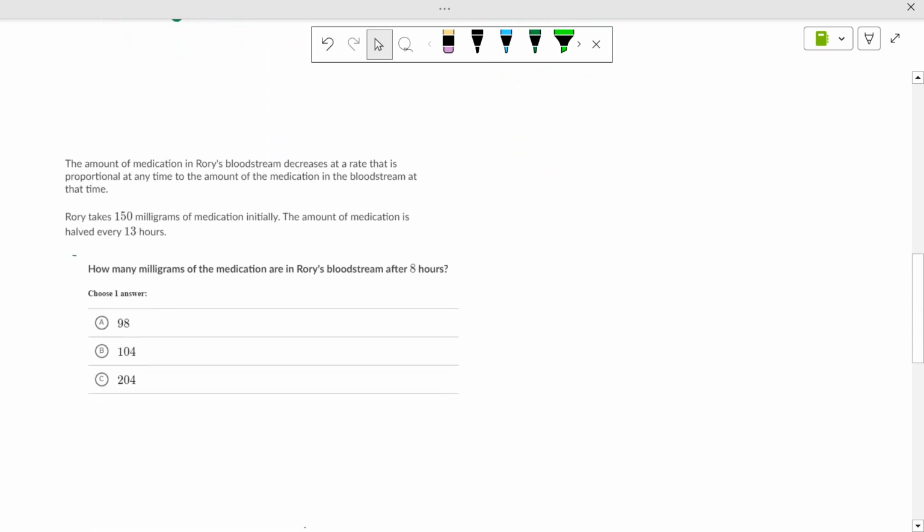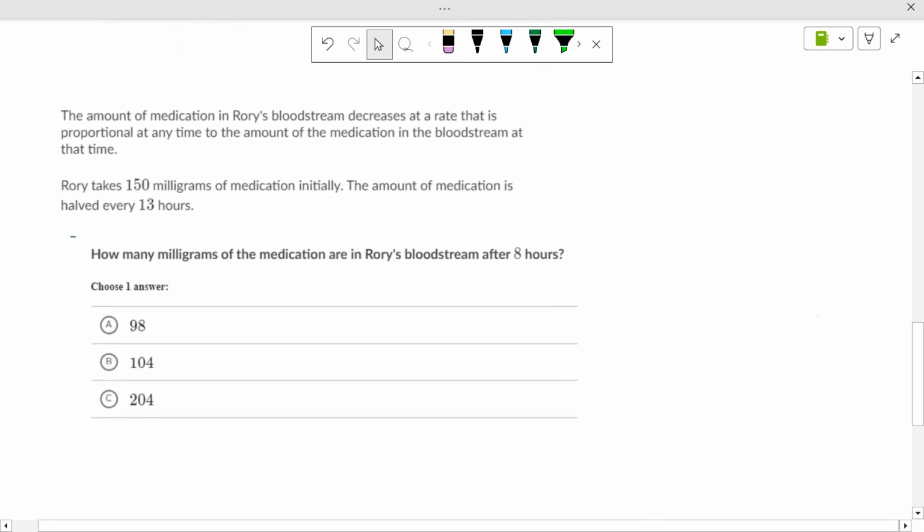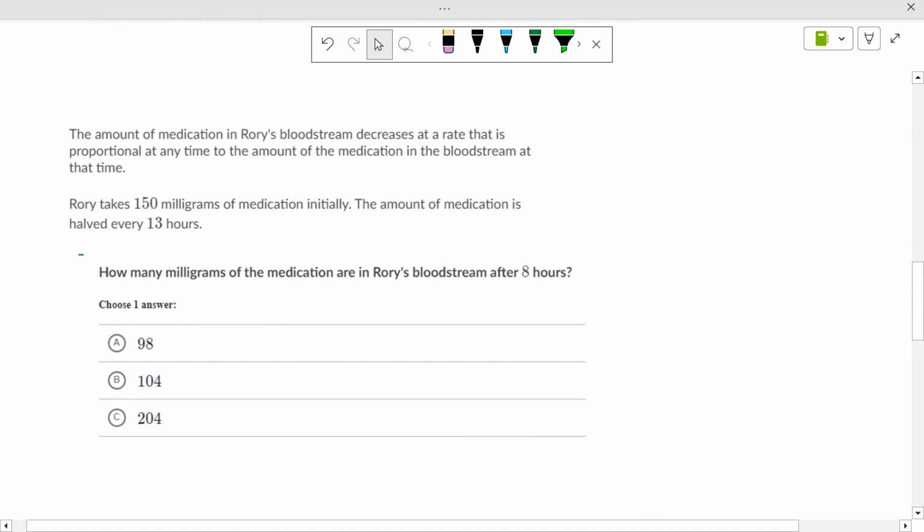So we're going to look at differential equations for word problems today. And most of the time, they'll work out to be exponential equations. So the amount of medication in Rory's bloodstream just decreases at a rate that is proportional at any time to the amount of medication in the bloodstream at that time.